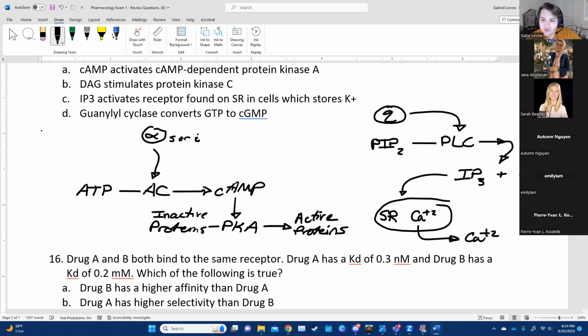DAG will go and activate protein kinase C, which, together with calcium, is now able to cause a contraction, which is what the function of Gq receptors is, to eventually cause a contraction of muscles.